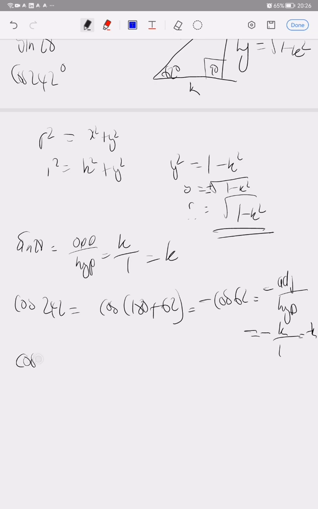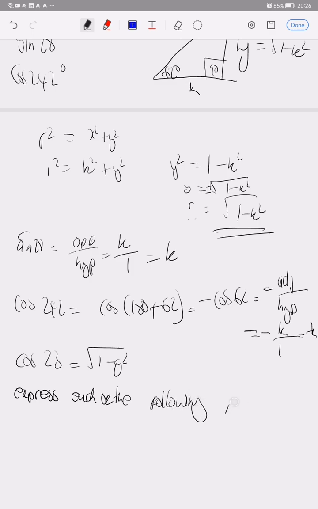So we are saying cos of 23 is equal to the square root of 1 minus g squared, right? They say express each of the following in terms of g.